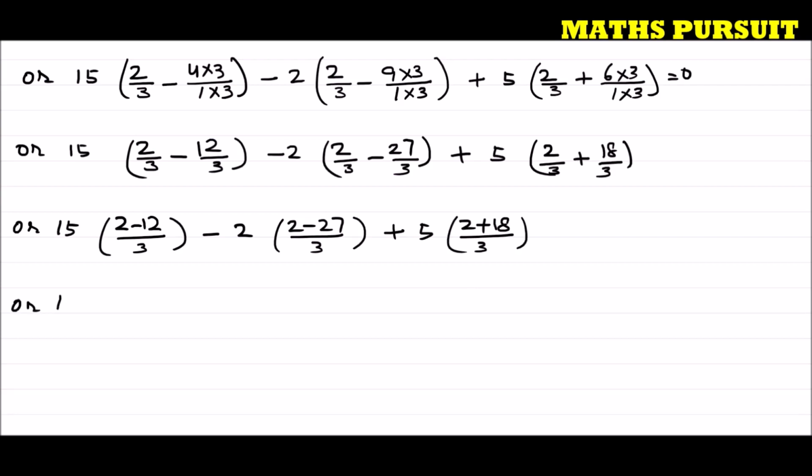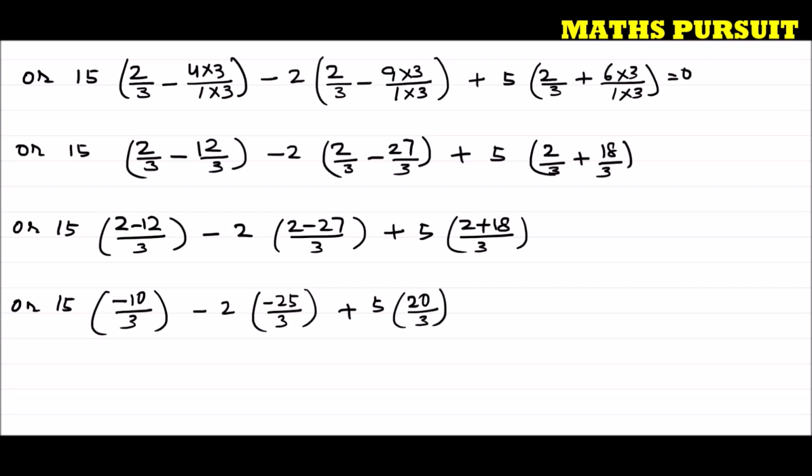Or I can write 15 into 2 minus 12, which is minus 10 upon 3, minus 2 into 2 minus 27, which is minus 25 upon 3, plus 5 into 20 upon 3. Three 5s are 15, and 5 into minus 10 is minus 50; minus 2 into minus 25 is plus 50, divided by 3.